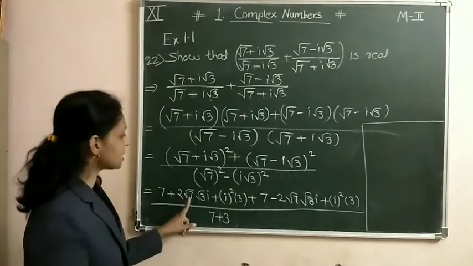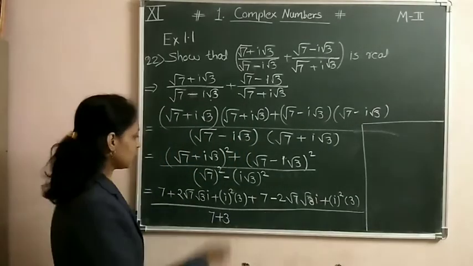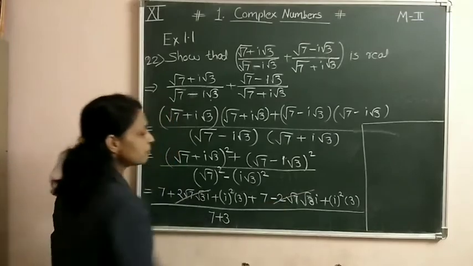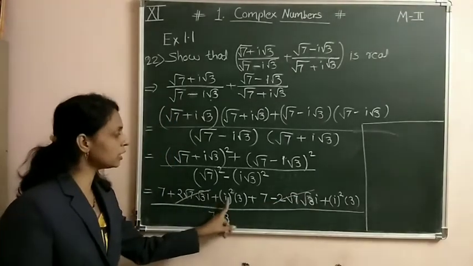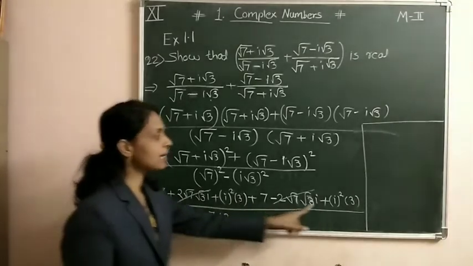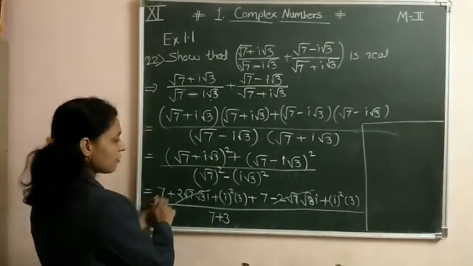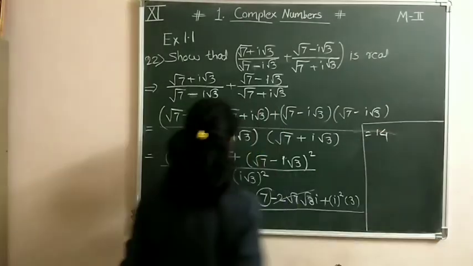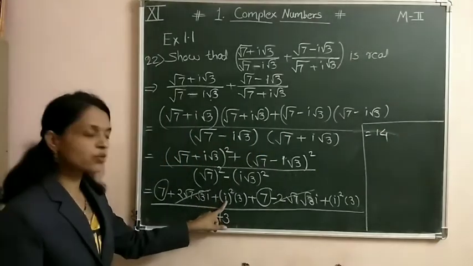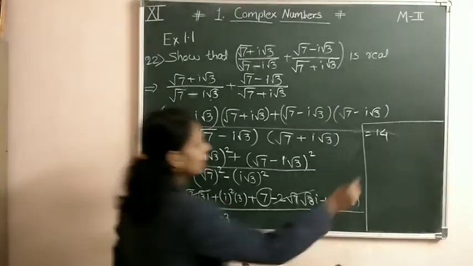Now here, this is the positive term and this is the negative term. So we can cancel these both the terms. i square means negative 1, negative 1 into 3, negative 3, and this is also negative 3. See, this 7 plus 7 is 14. i square, negative 1 into 3, negative 3.